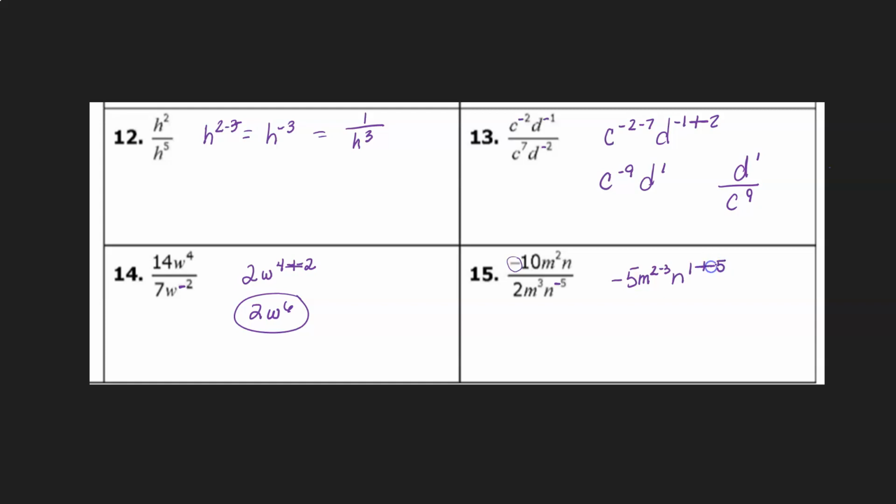So this is plus. So I have negative 5, m to the negative 1st, n to the 6th. So I have negative 5, n to the 6th over m, or just m to the 1st, or just m. Okay.